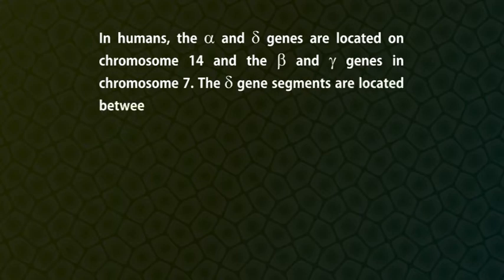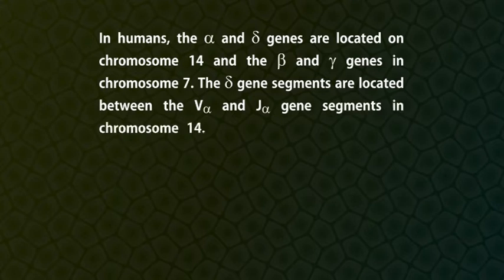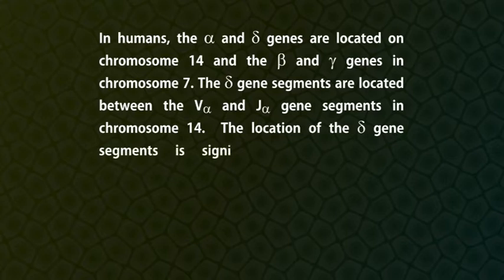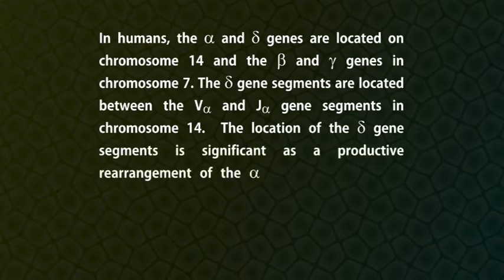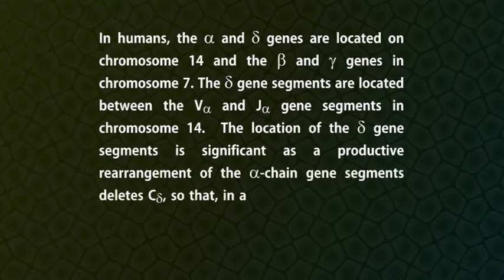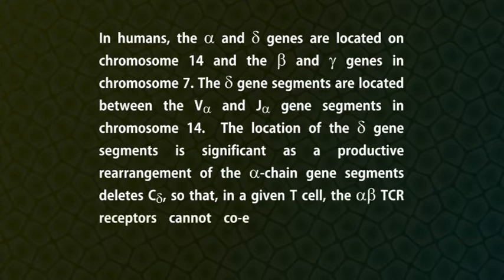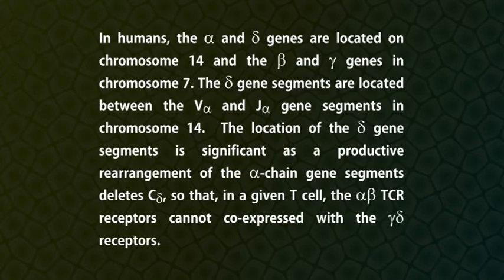The delta gene segments are located between the V-alpha and J-alpha gene segments on chromosome 14. The location of the delta gene segment is significant, as a productive rearrangement of the alpha chain gene segment deletes C delta, so that in a given T cell, the alpha-beta TCR receptors cannot co-express with the gamma-delta receptors.